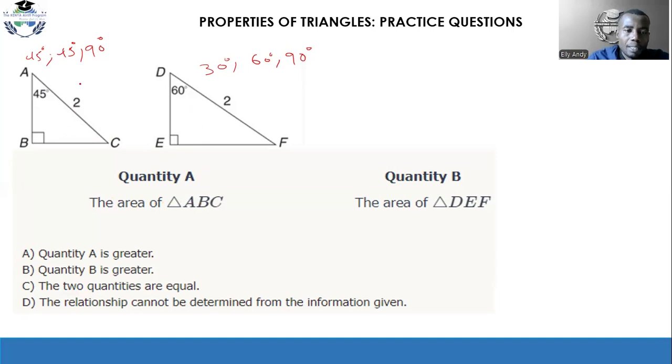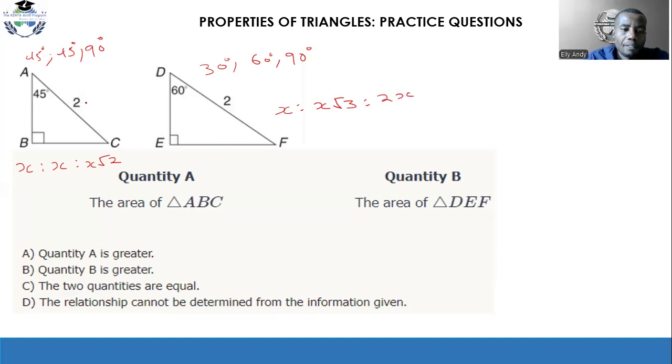So remember the property giving us the ratio of the sides for this special right angle triangle. For this one, the ratio is X to X to X root 2. And for this one, it is X to X root 3 to 2X.